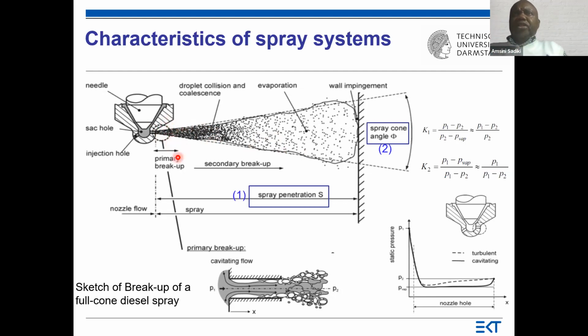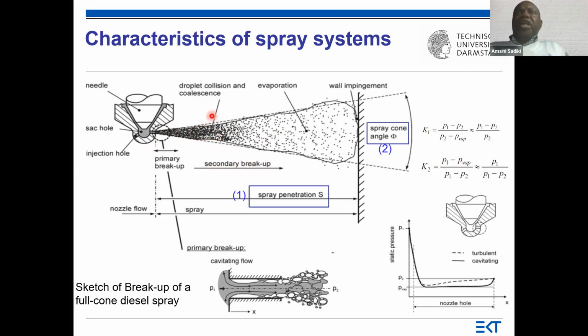In this dense region, we have the primary breakup, so the first part of the atomization of the spray formation, and the first ligaments which are formed disintegrate further, and we are in this region of secondary breakup.